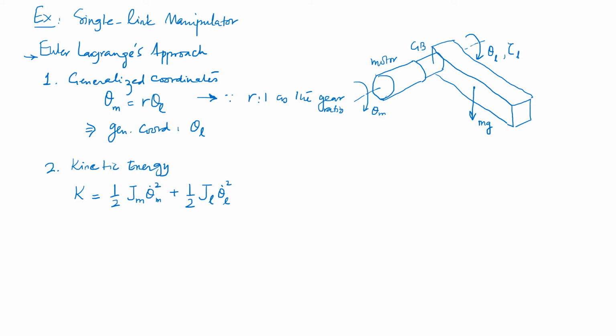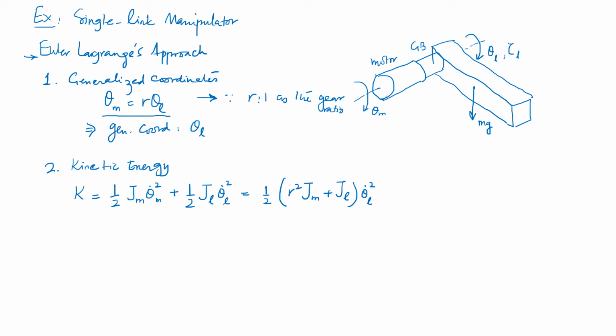Now, since you have defined theta m to be r times theta L, you can now plug in that value. So this is going to give us half r squared Jm plus JL, and then you can have theta L dot squared.